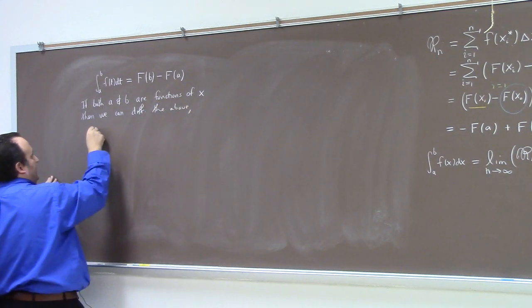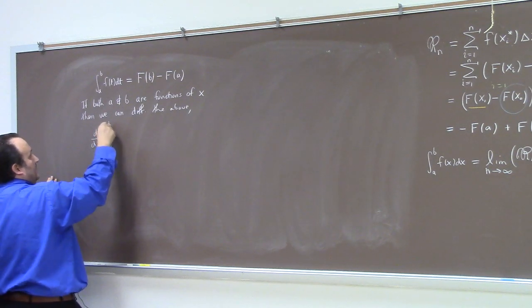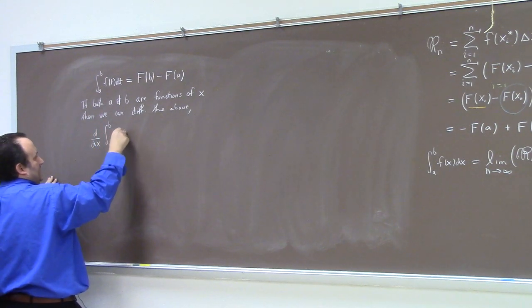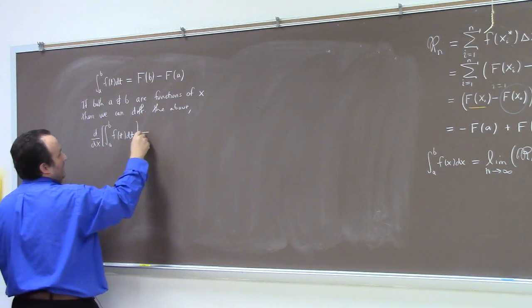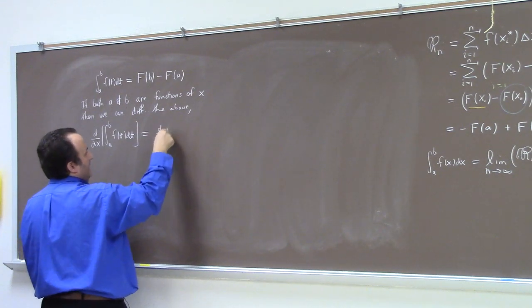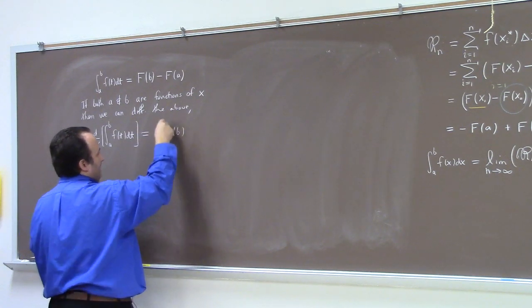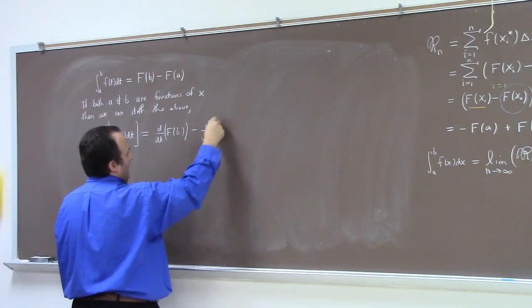So we have d dx of the integral from a to b of f of t dt equals d dx of big F of b minus d dx of big F of a.